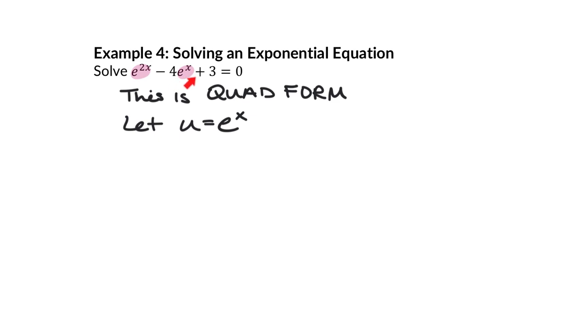I look at the middle term. Basically, whatever this is, the first term is always the square of it. So we use this as u, which means I would rewrite the problem as u squared minus 4 times u plus 3 equal to 0. We factor. What are the things that multiply to 3 and add to negative 4?